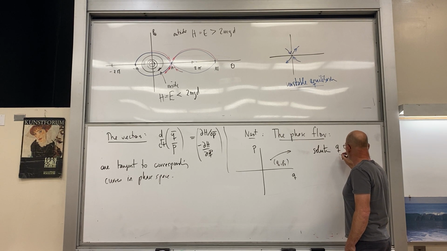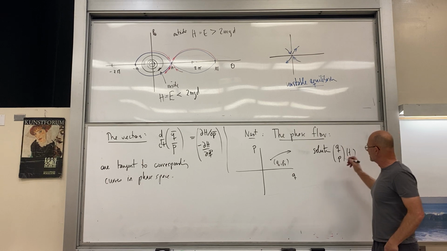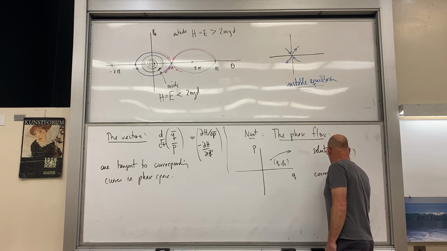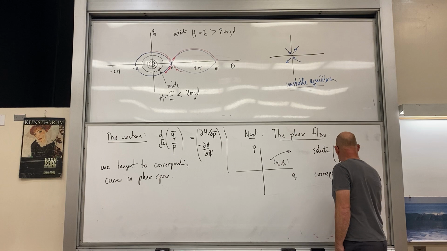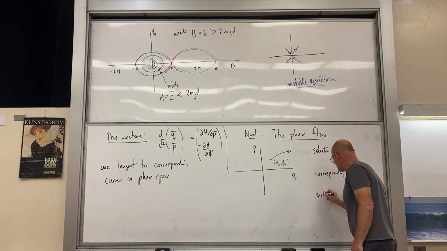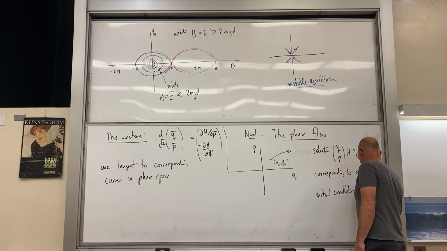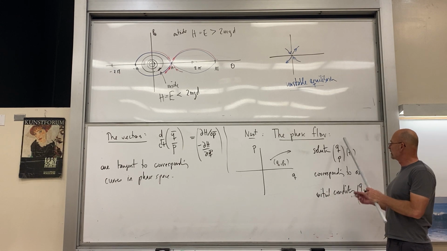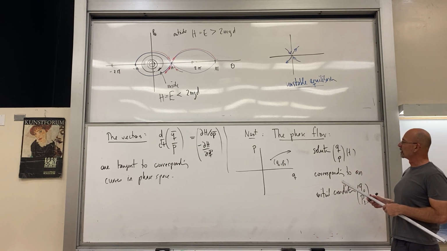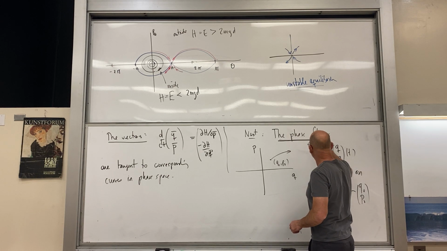Solution Q, P of T corresponding to a particular initial condition Q0, P0, like that. 2 dimensions, 2n dimensions, however you want to look at it. So that's called the phase flow.